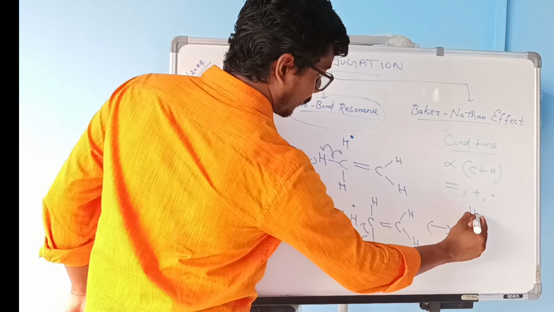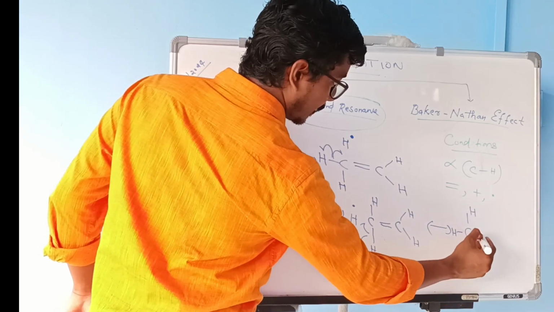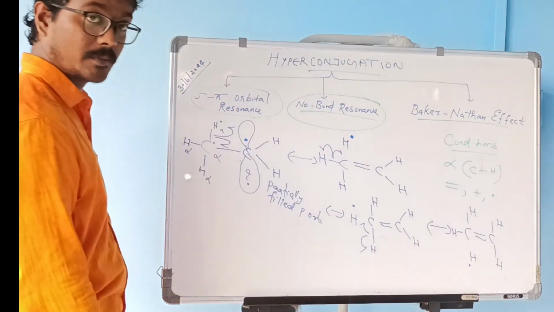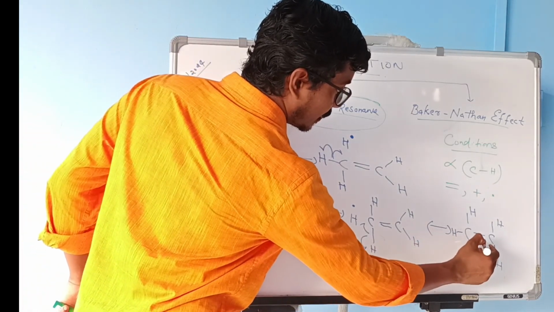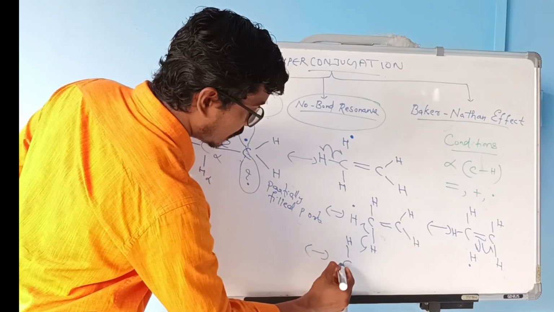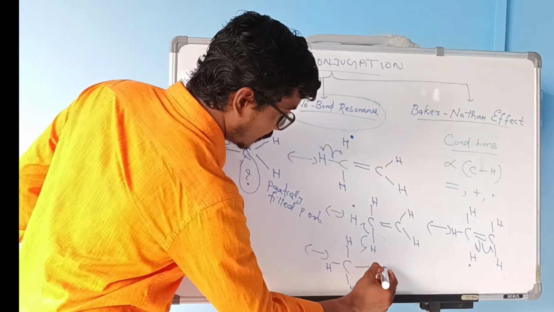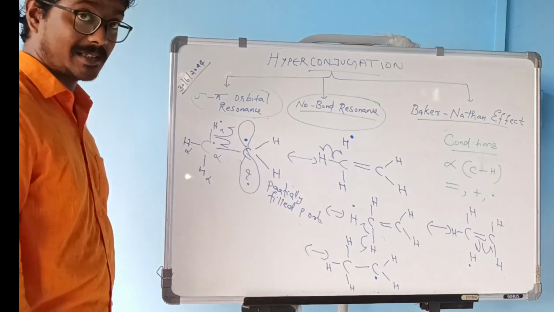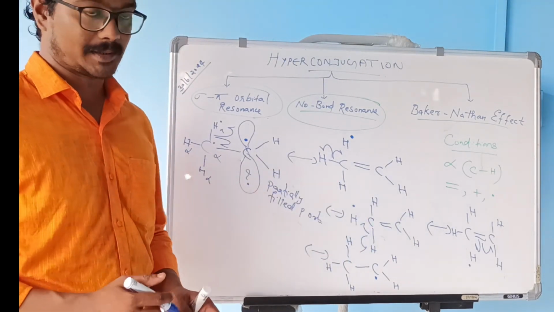So H radical double bond CH. And finally, this will come here and this will go there. And CH, H and H single bond free. So final structure. So this is the example of hyperconjugation in free radical cases.